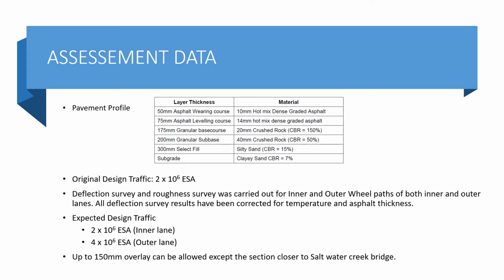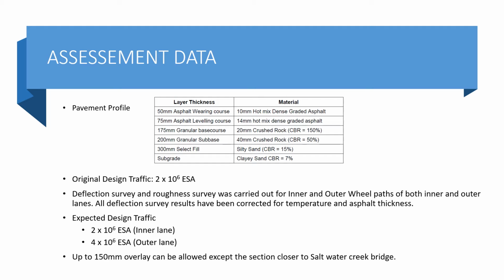The original pavement design was based on a design traffic loading of equivalent standard axles, ESA, of 2 million, or 2 times 10 to the 6, and the current pavement structure is in the table below. Starting from the bottom of the table, there's a clay sand with a CBR of 7%.